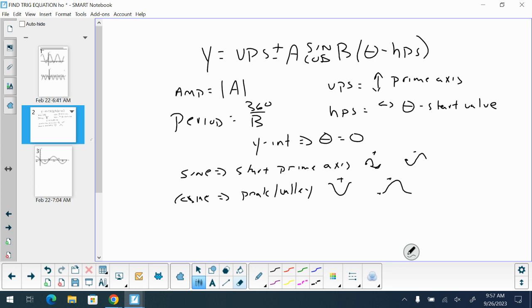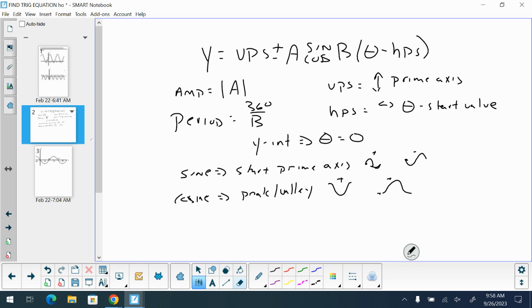Now, the one thing that I will not do is something that the book does, because they try to give you different types of problems to make you adjust. They give you some funky horizontal phase shifts. I'm not going to give you a horizontal phase shift of 6 or 17.